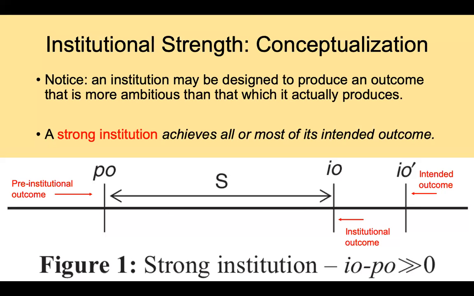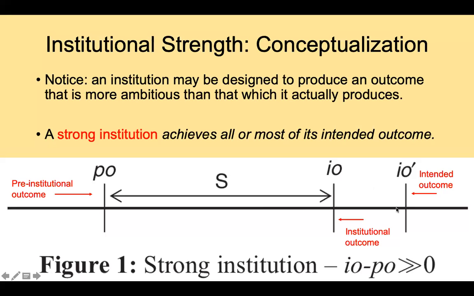We would call that a weak institution. So, if in the case of mining regulations, most of the regulations are being ignored and most of the requirements are not being met, that would be a weak institution. But if most of the intended behaviors are being observed, we would call that a stronger institution.